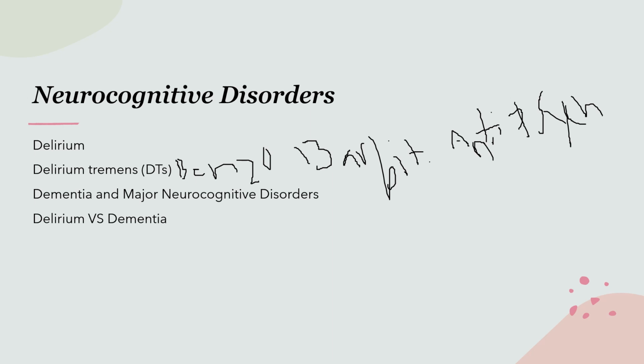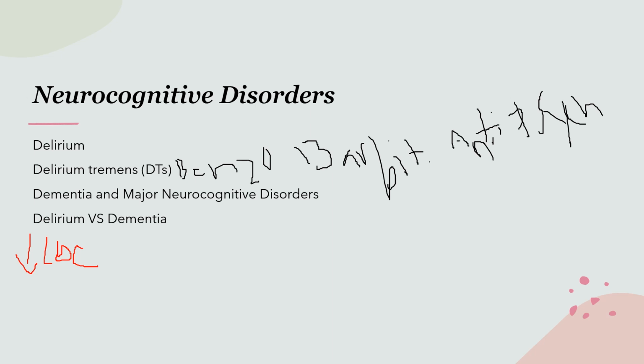One of the big differences is that with delirium, you're going to have a decrease in level of consciousness, whereas with dementia, your level of consciousness is not going to be changed.